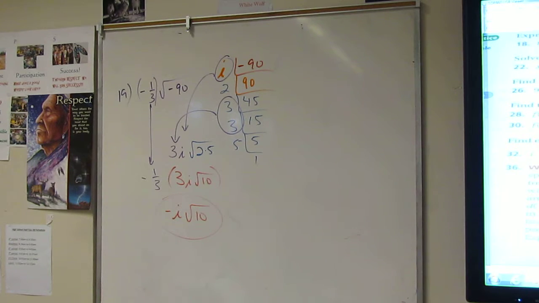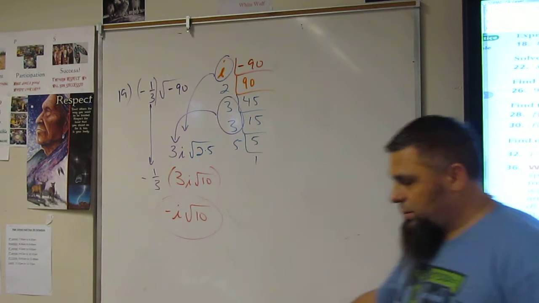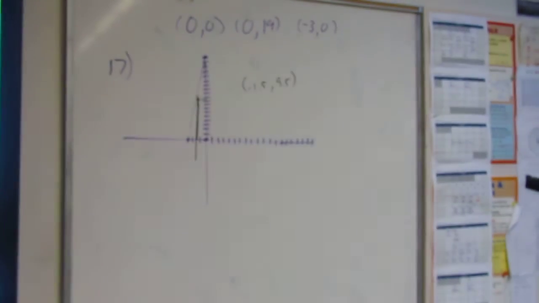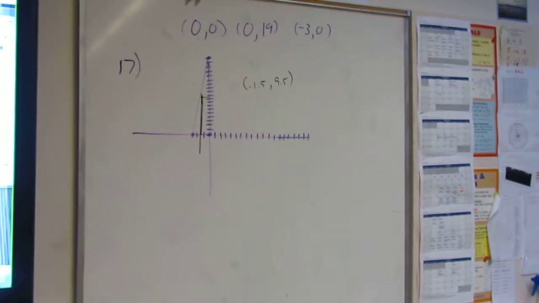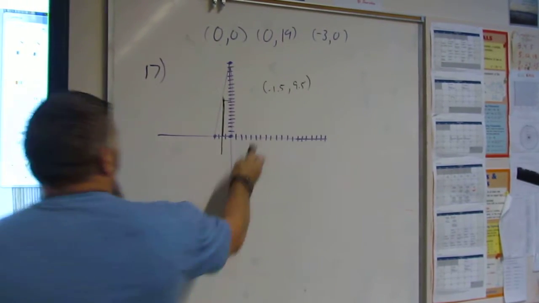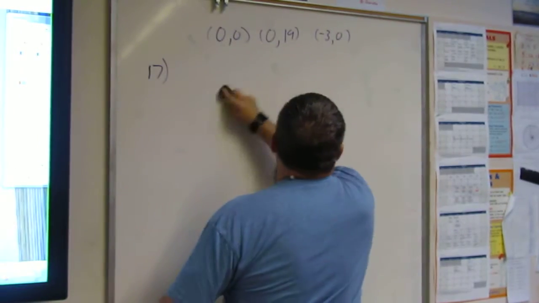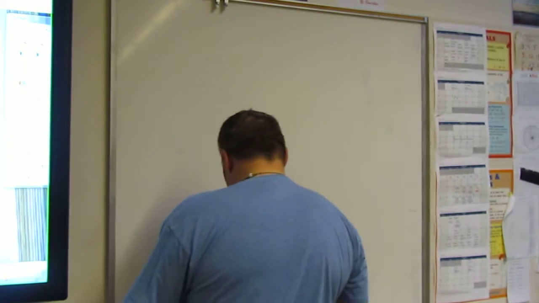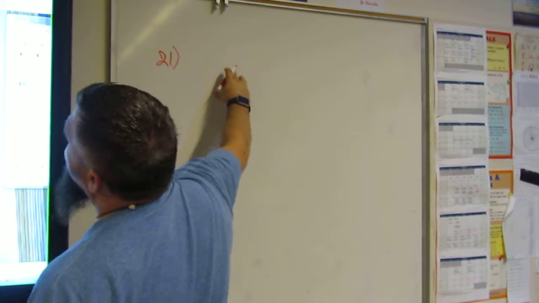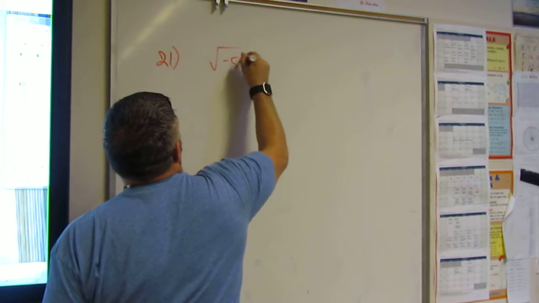So number 21. Come over here. Okay. Number 21 is square root of negative 50.